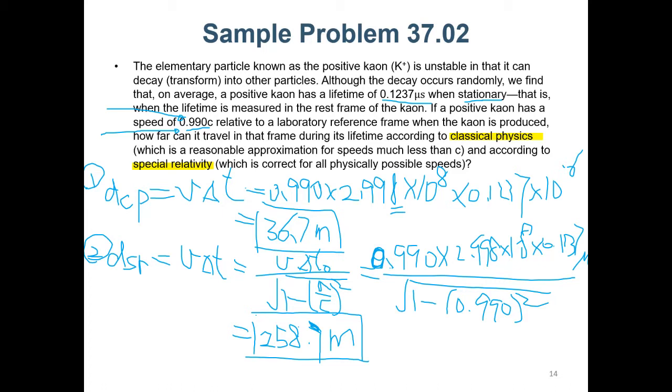Relativity will use this number rather than 3 times 10 to the 8. But actually, in the quiz and exam for this course, I will just give you the number, and you just press the calculator.